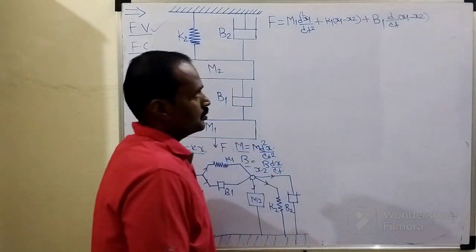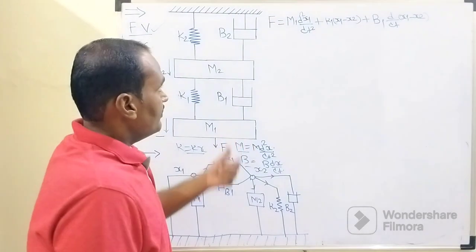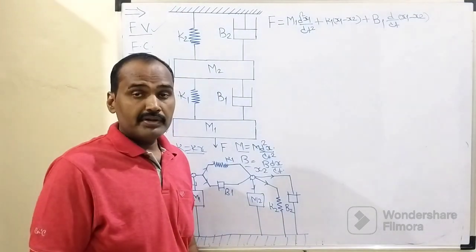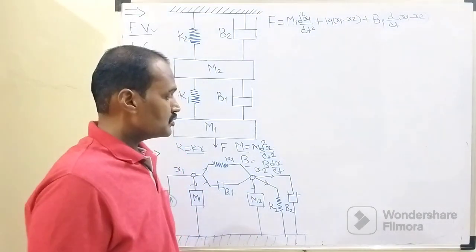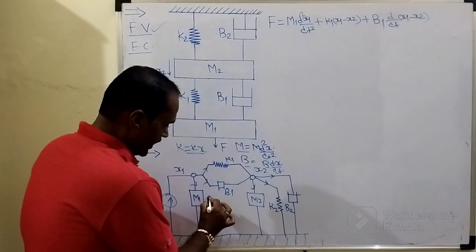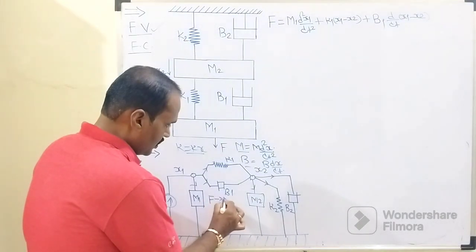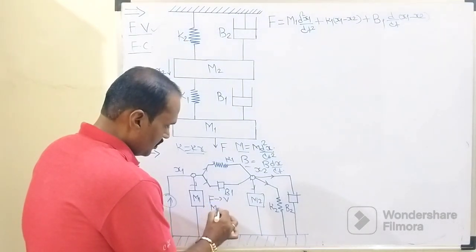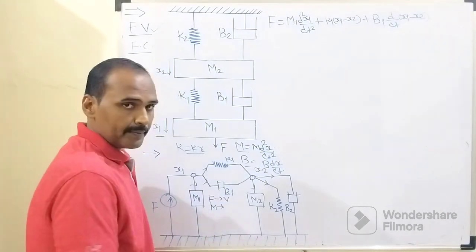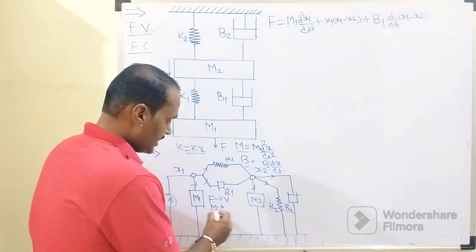But when we apply the Laplace transform, we recall the analogous terms in the force voltage analogy. In this analogy, F is analogous to V, as we know. We already studied this force voltage analogy in the previous lecture.